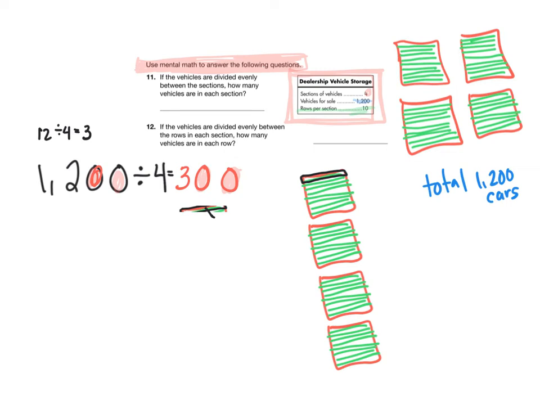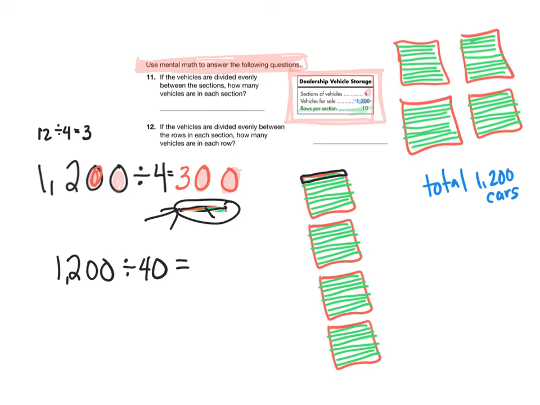So what I'm going to do is 1,200 divided by 40, because actually I have 40 of these little itty bitty sections of cars. This is a hard problem. I love it. I've got 40 of these guys.